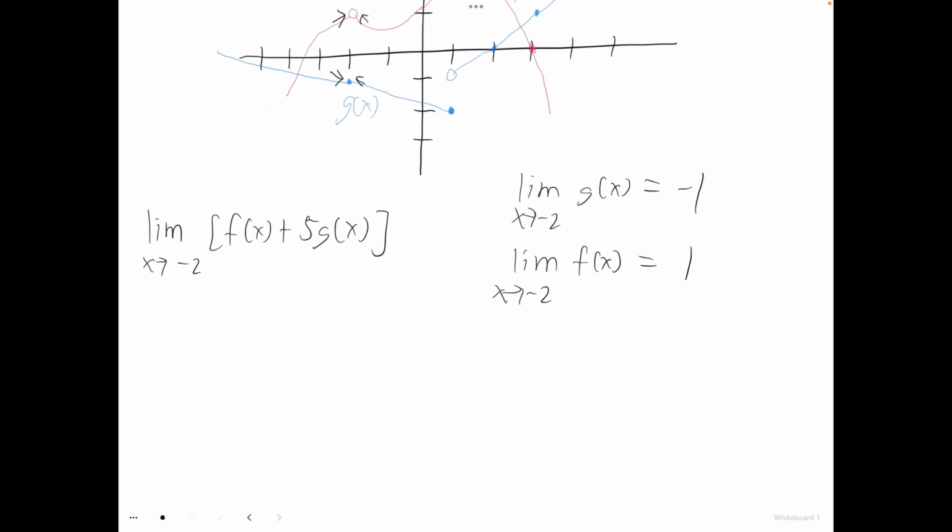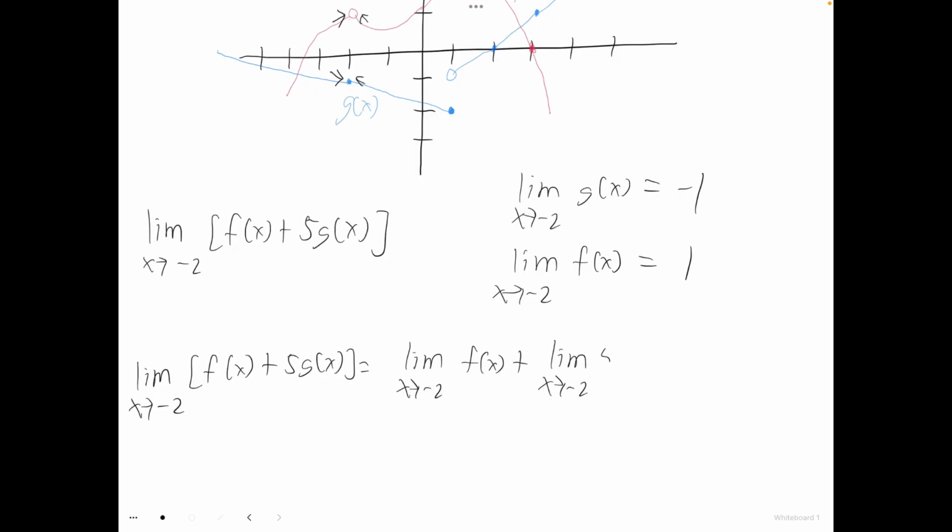So now we can use our limit properties to say that the limit as x goes to negative 2 of f of x plus 5 g of x equals the limit as x goes to minus 2 of f of x plus the limit as x goes to minus 2 of 5 times g of x, which is the limit as x goes to minus 2 of f of x plus 5 times the limit as x goes to minus 2 of g of x.